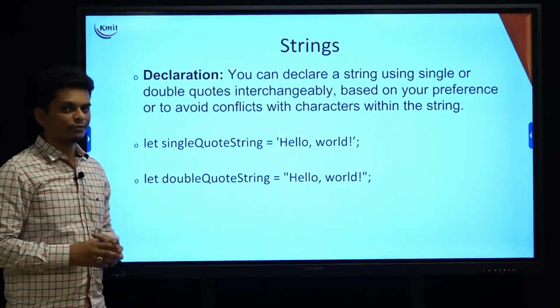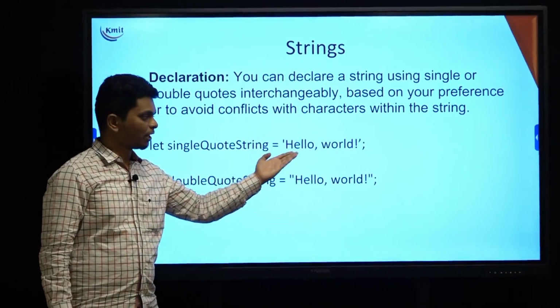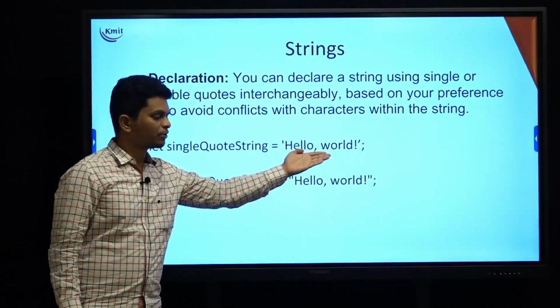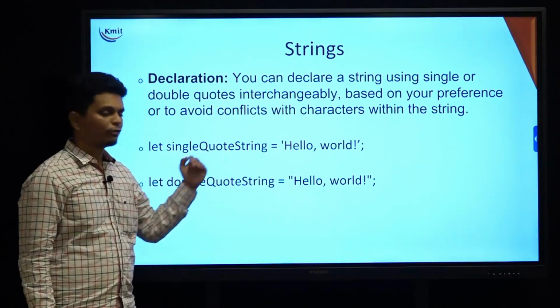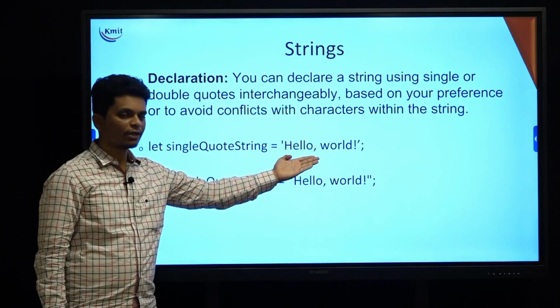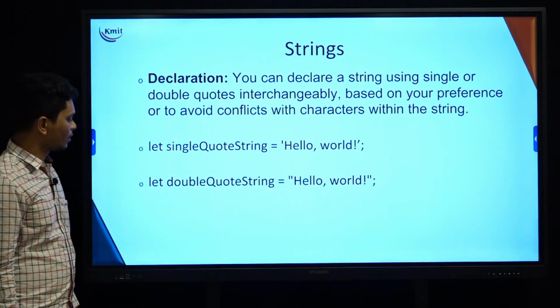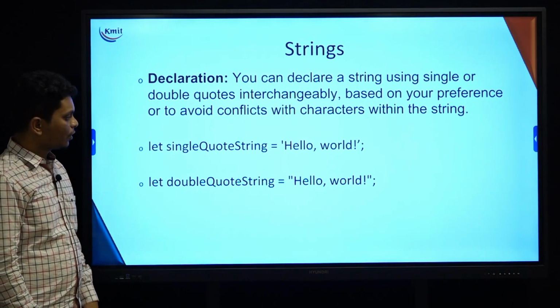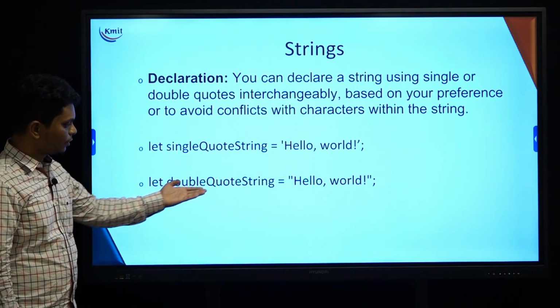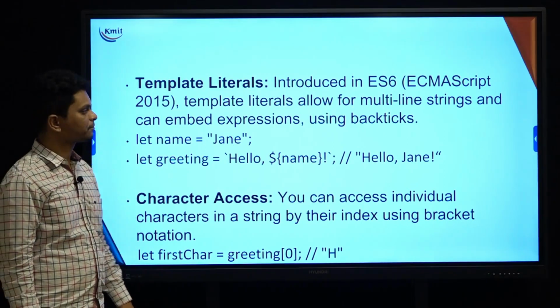If you observe carefully, unlike other programming languages, JavaScript allows us to have multiple strings assigned to a variable. Here you can see hello followed by comma and world. In the same way, we can use double quotes to declare a string in JavaScript.